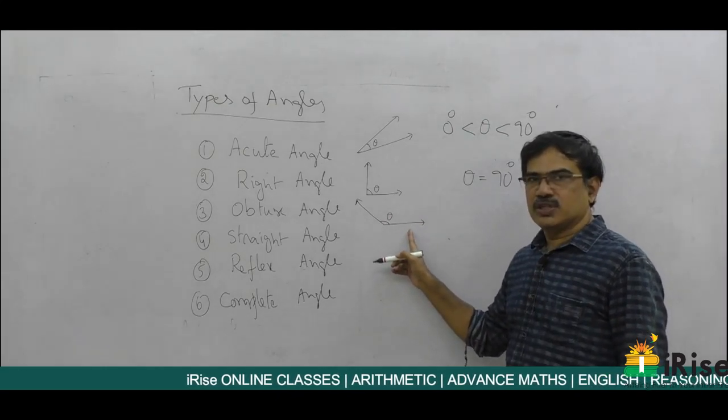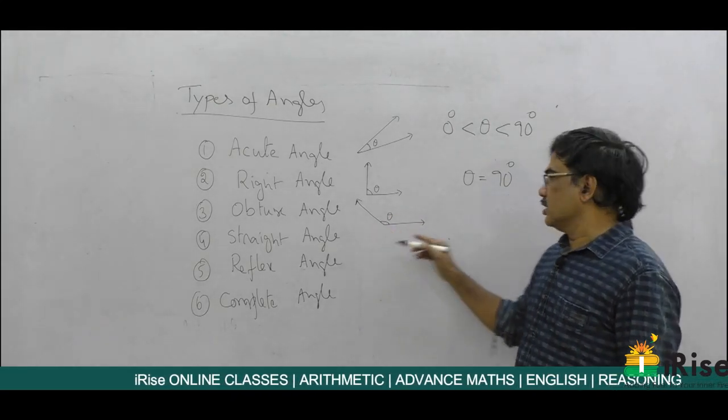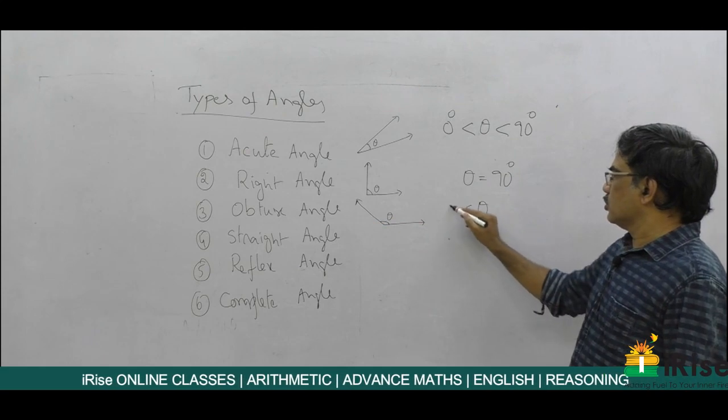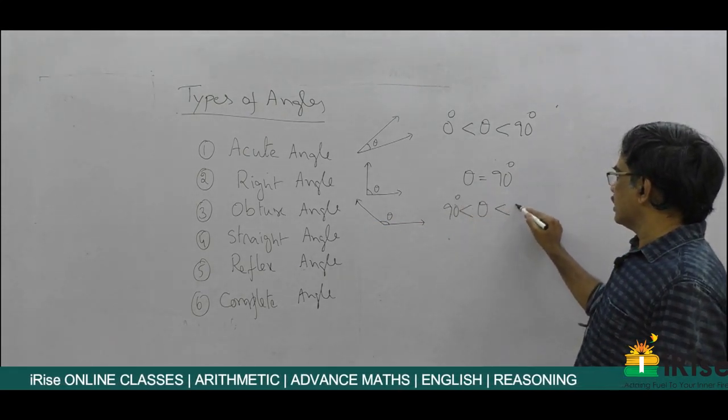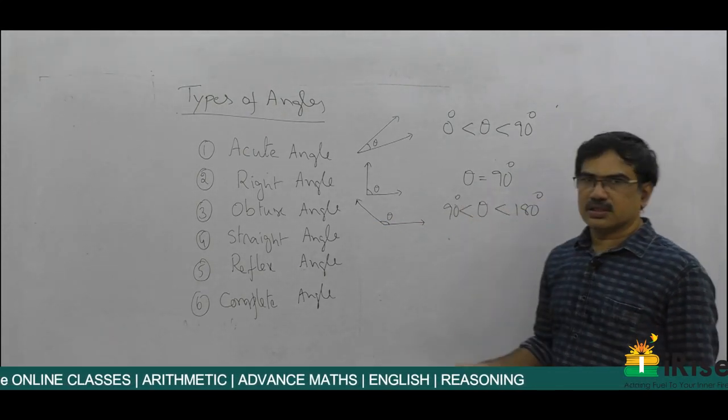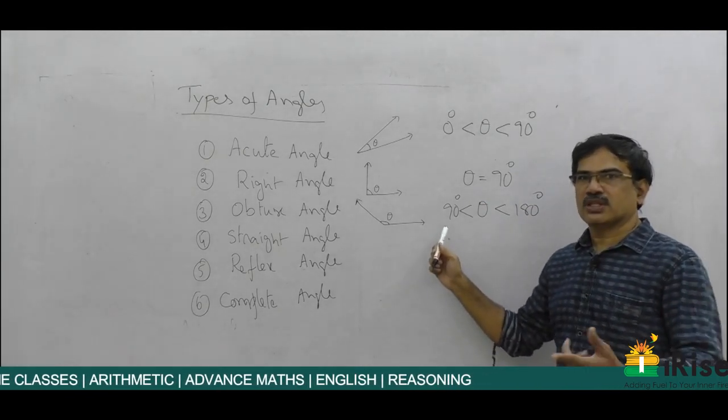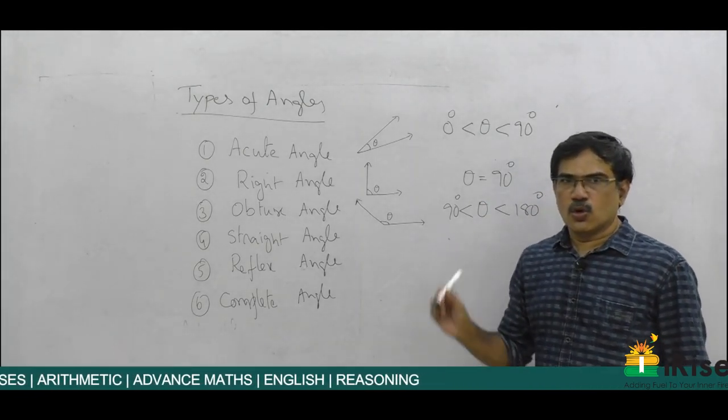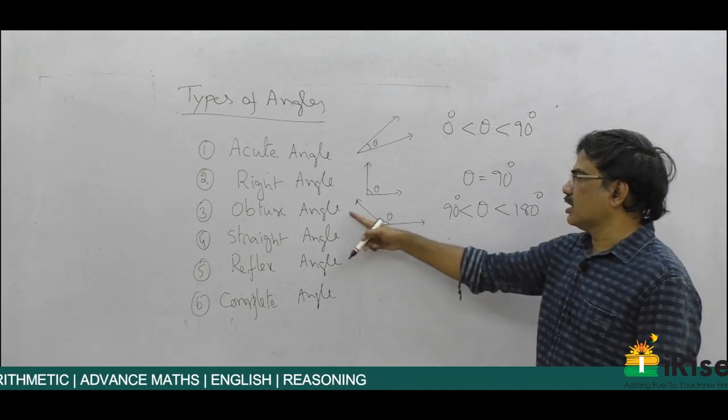If the angle between two rays is more than 90 degrees and less than 180 degrees, then it is called an obtuse angle.